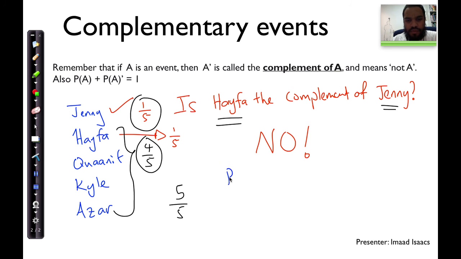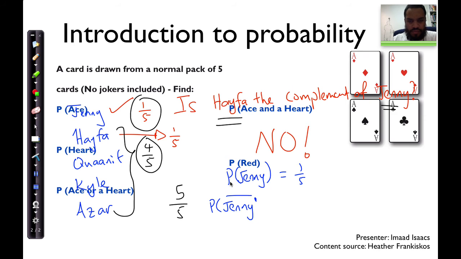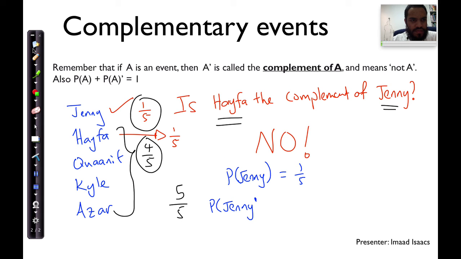So essentially, the probability of drawing Jenny's name from a hat in a random competition is 1 out of 5. The probability of getting Jenny complement, which can be written either with an apostrophe or with a line straight on top, we'll use the apostrophe for now, means everything besides Jenny.